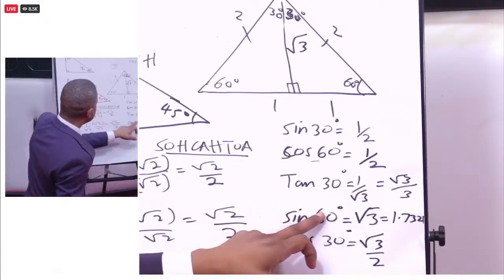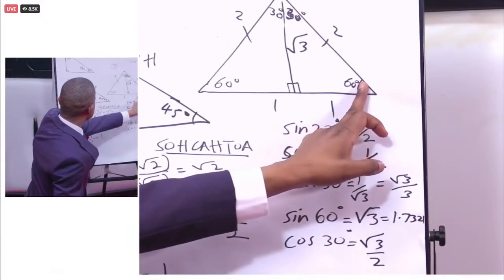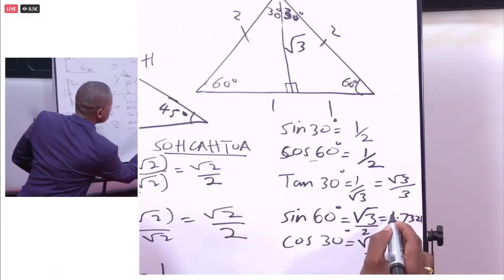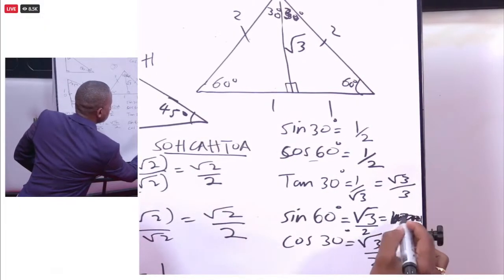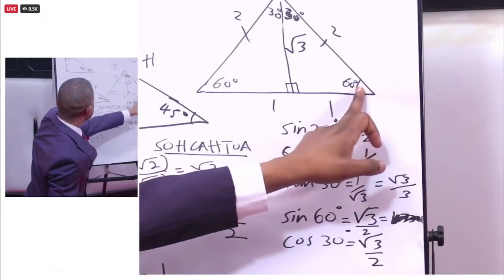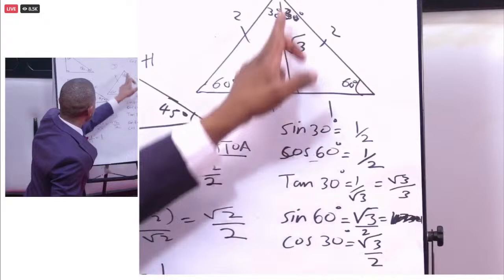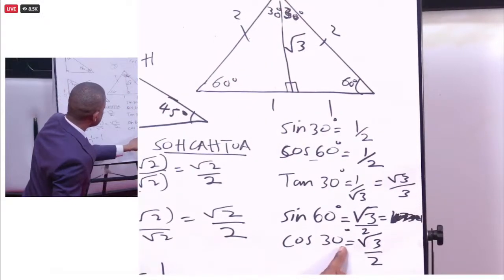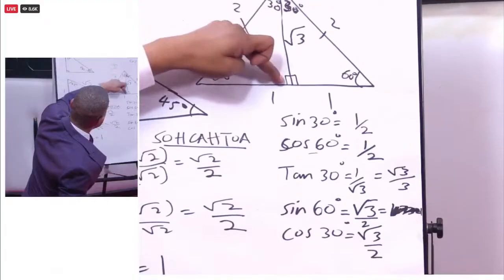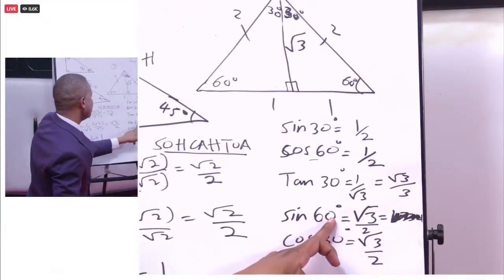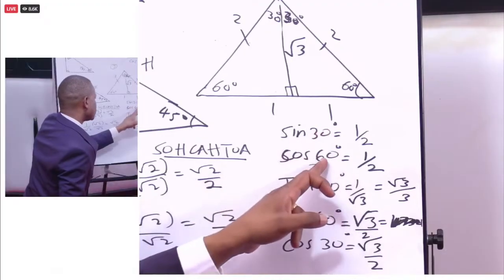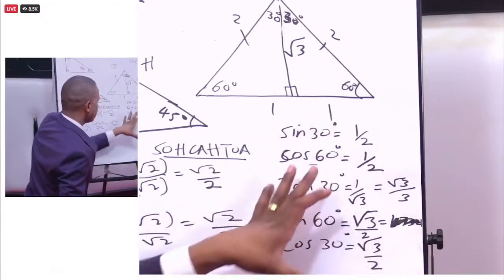Sorry, class. This is root 3 over 2. Sine 60 equals opposite over hypotenuse. Then cos 30 equals adjacent over hypotenuse. So cos 30 is equal to sine 60. So there is a similarity in this.